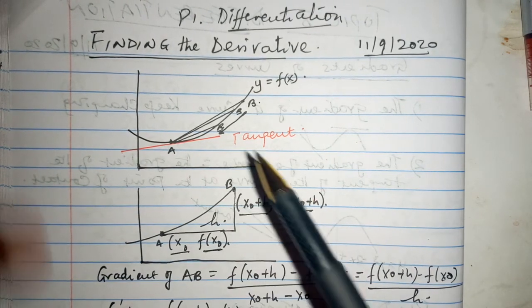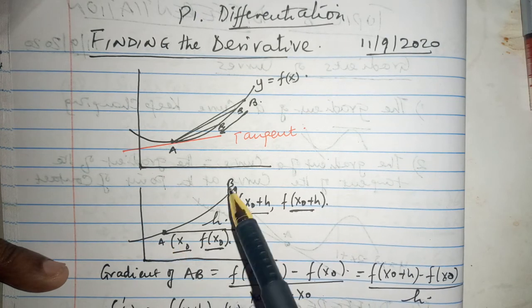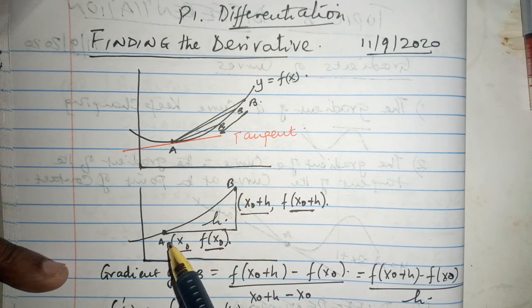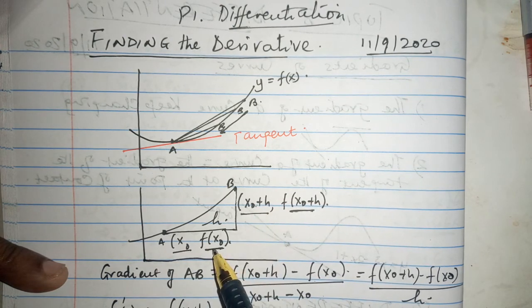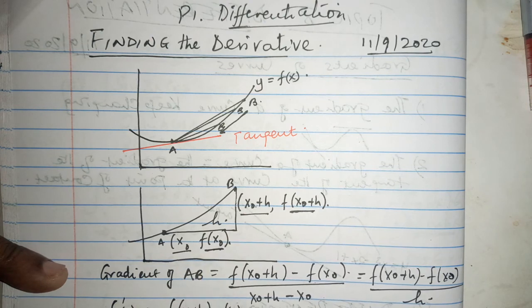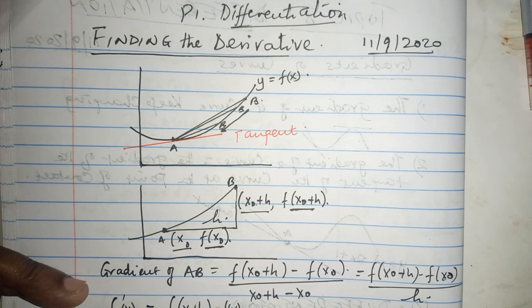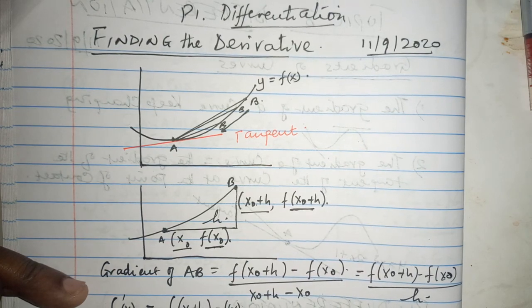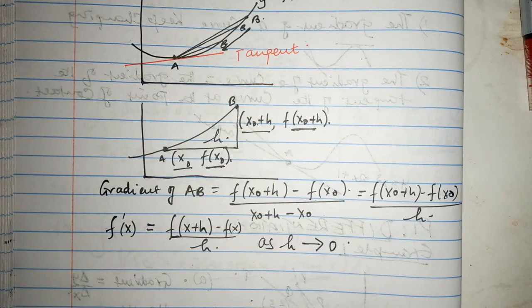That is true. We have also outlined that if we have A and B, and the coordinates of A and the coordinates of B, then the gradient is the change in y over the change in x. And of course, as h approaches 0, we will see what happens when h tends very close to 0. All right?